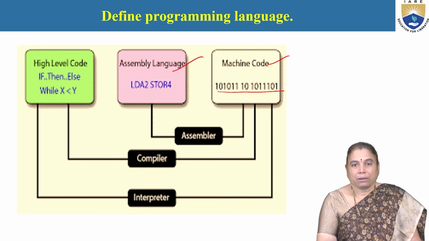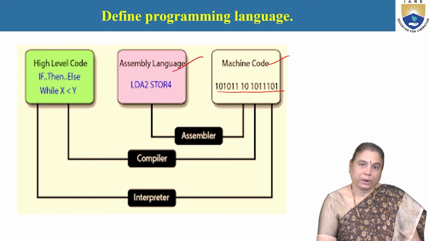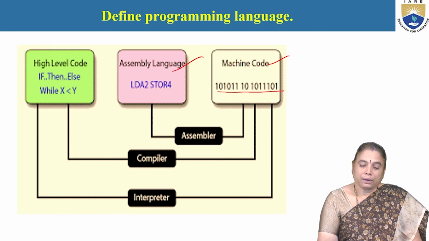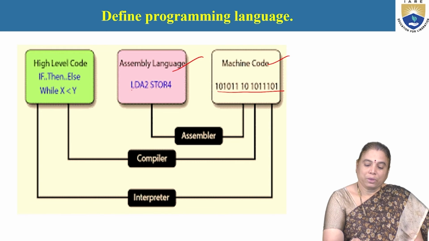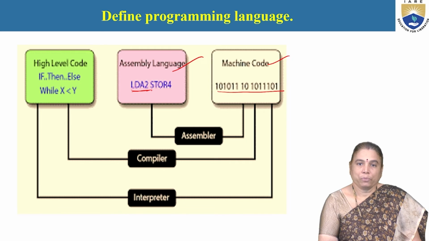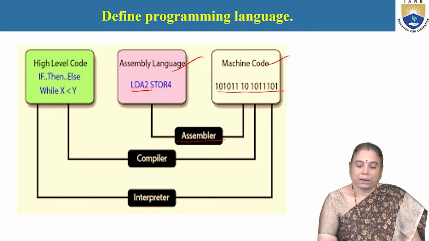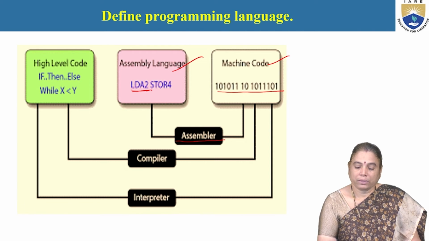The assembly language uses some mnemonics in order to give flexibility to the programmer. The mnemonics used in assembly language cannot be understood by the computer, so they require an assembler. An assembler is a program which converts the assembly language instructions into machine language.